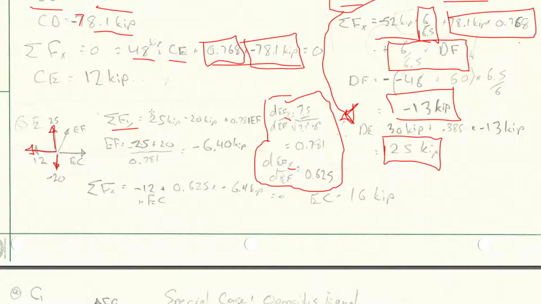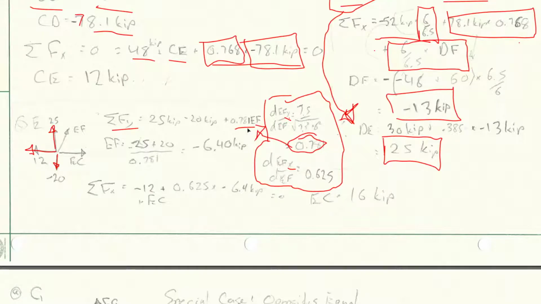So it's going to be equal to 25 kips from DE minus 20 kips from the load plus the 0.781 times EF, based upon the y direction portion of the unit vector.